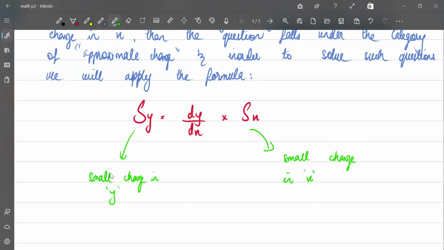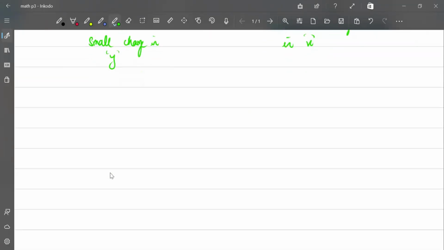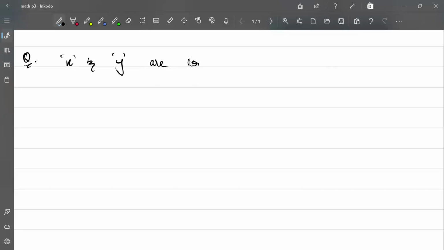So let's do a question as an example. All right. So the question is: x and y are connected by the equation y is equal to 3x square minus 5x plus 12.